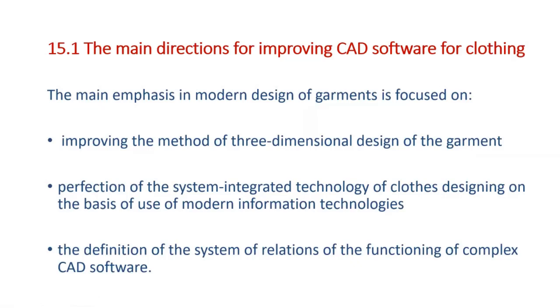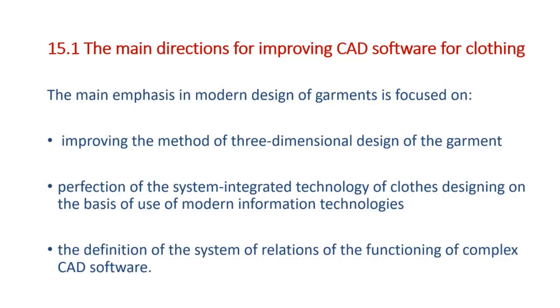So as you can see, all the innovation processes happening now in the fashion industry, in the light industry, are related to automation, to 3D, to computer-aided design systems, computer-aided manufacturing systems, PLM systems, etc. So the first question that we're going to discuss now is the main directions for improving CAD software for clothing.